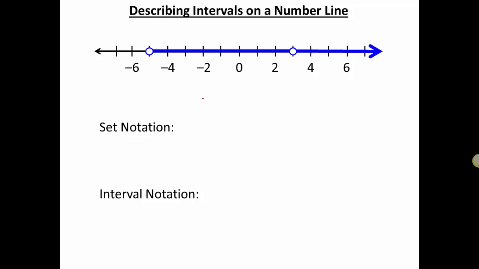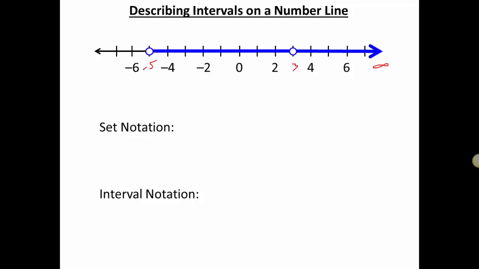So the way you'd want to approach this one is thinking of it as not one long, open, unbounded interval with a number excluded, but thinking of it as a bounded interval between -5 and 3, and then an unbounded interval from 3 to infinity.